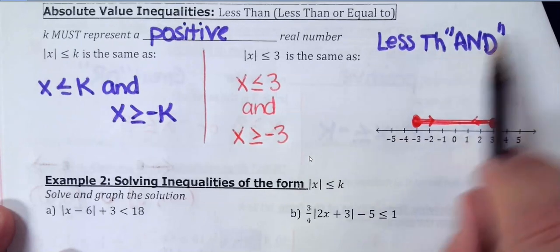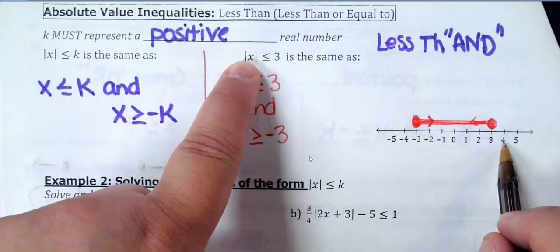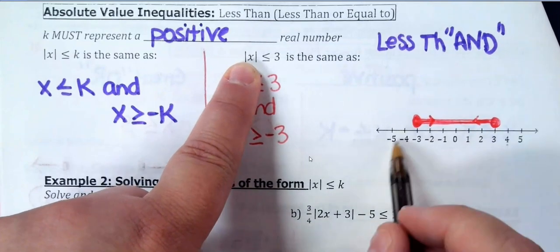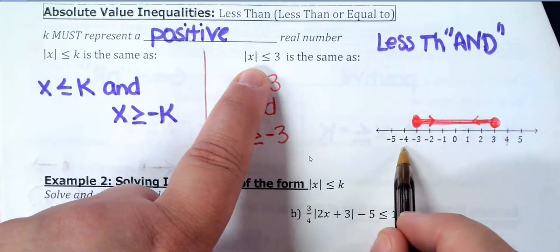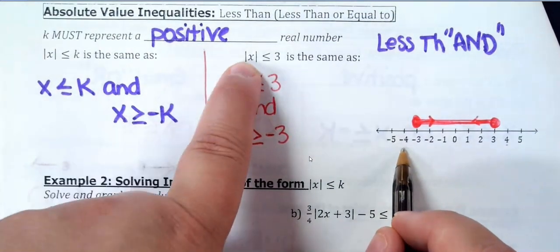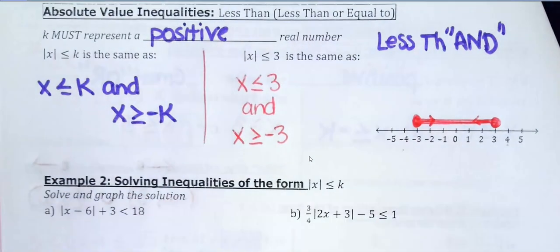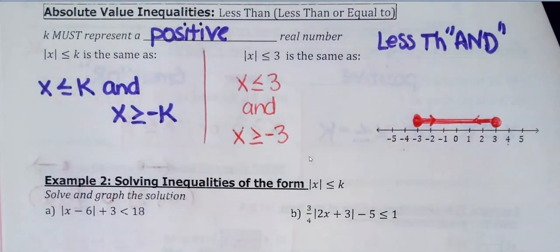Once I get outside of that, if I plug in 4, 4 is not smaller than 3. 5 is not smaller than 3. On this end, if you plugged in negative 4, the absolute value would cancel it out, and then you'd have 4 is less than 3, or negative 5, I'd have 5 is less than 3. That's not true. So it's just going to be between those two.